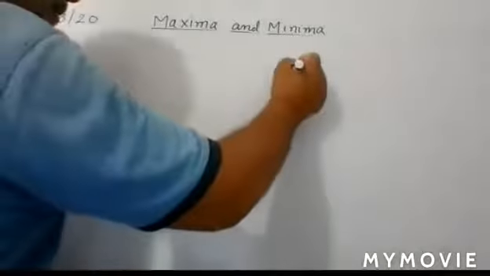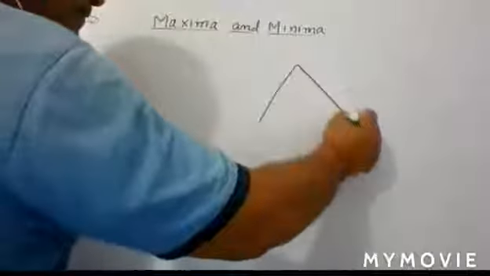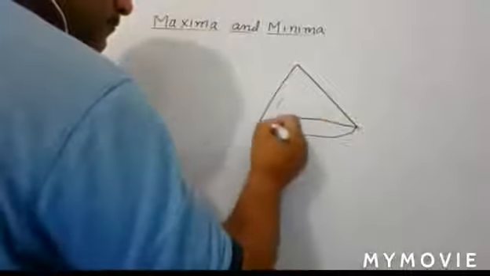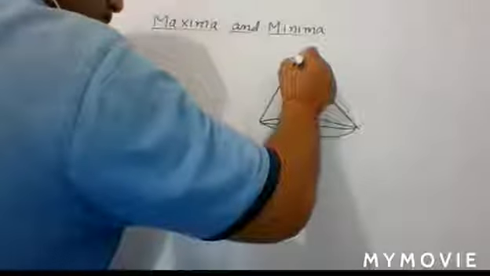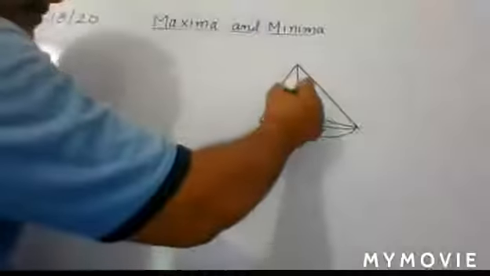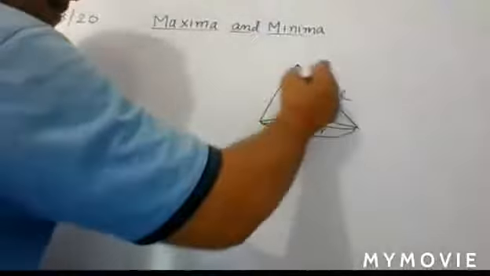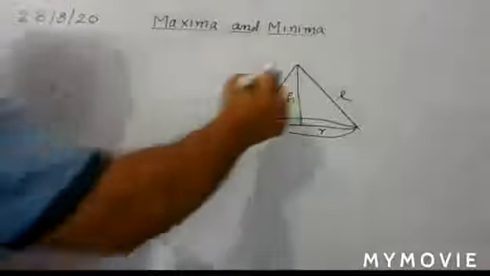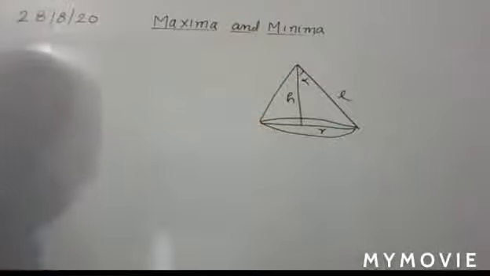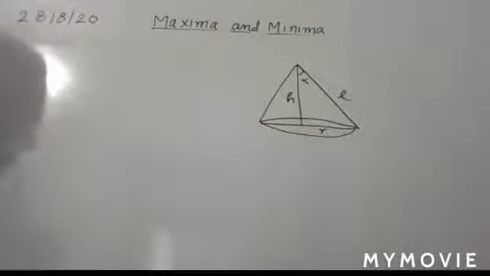Okay, so here you have a cone. Radius is r. Here you have height, and L is its slant height, which is given. And suppose alpha is the semi-vertical angle of this cone.